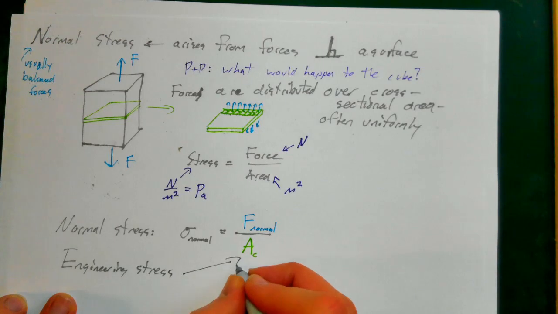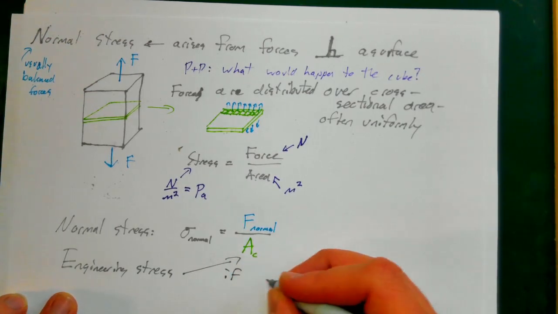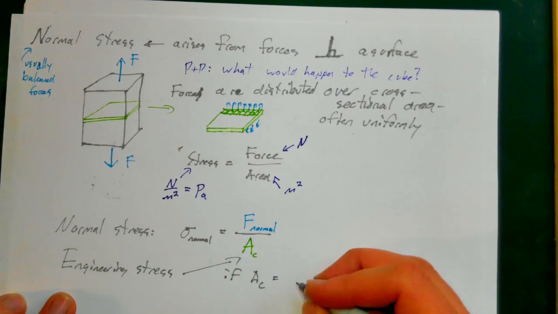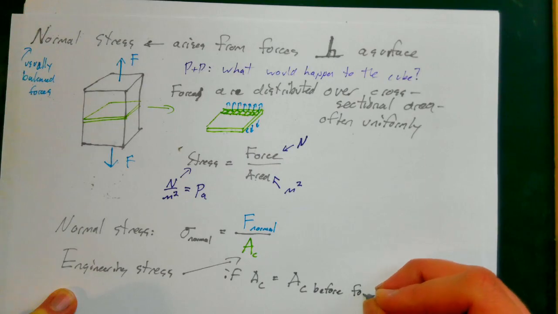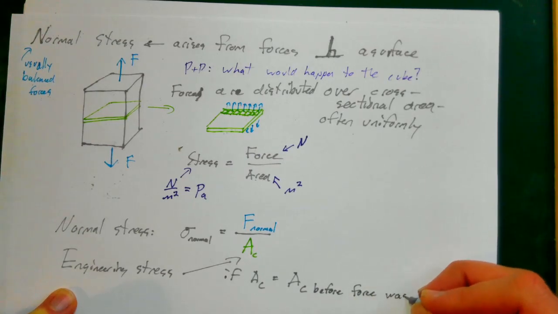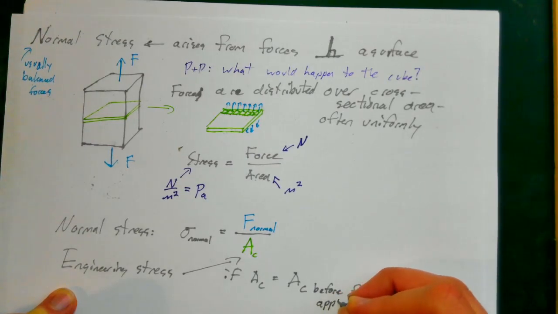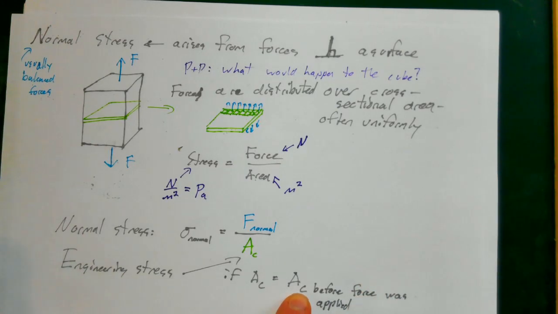It's engineering stress if your cross-sectional area is equal to whatever the cross-sectional area was before the force was applied. Why do we need to be careful with this distinction?